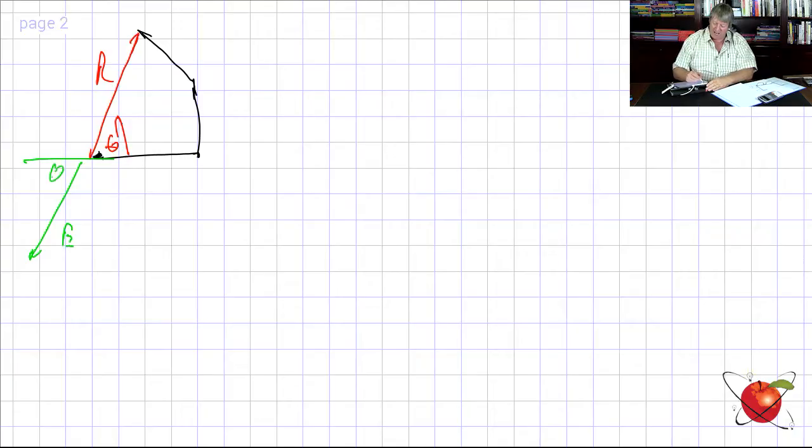What is then the equilibrant, right? The equilibrant is the exact opposite to the resultant. It's the exact opposite acting at theta. That must be equal, and R is equal to E. Okay? The equilibrant is the force which acts in the opposite direction with the same magnitude as the resultant.